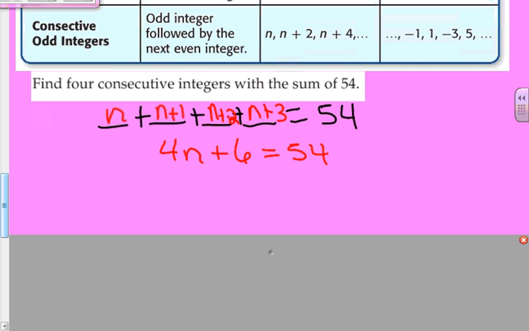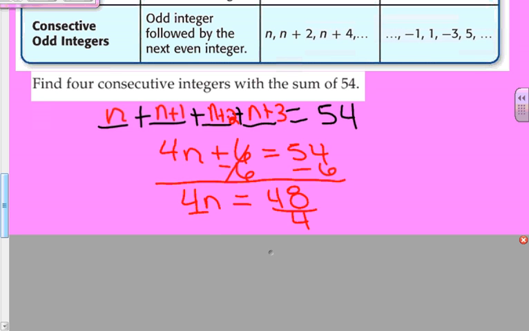And what you're creating is a two-step equation. After you plug these in and condense them, you've got a two-step equation. So just solve it. So subtract 6, subtract 6. You're left with 4n equals 54 minus 6 is 48. And then the 4 would come over here to divide away because it's being multiplied, so we divide it away. And then n is going to equal 12.